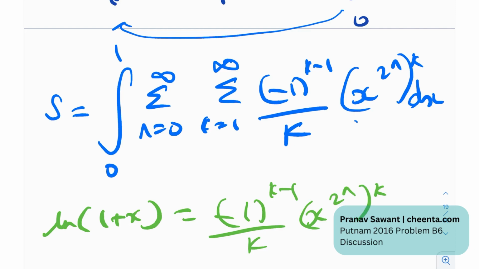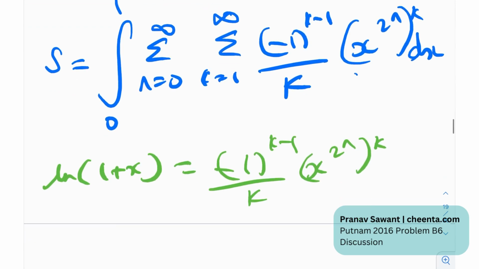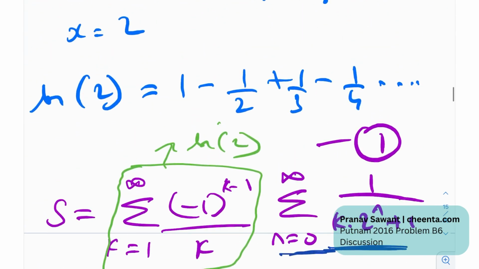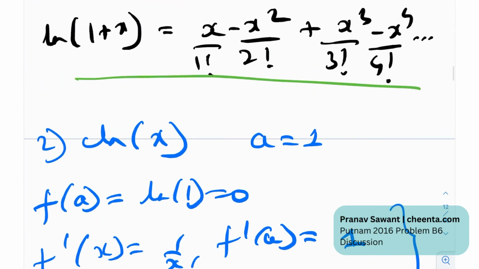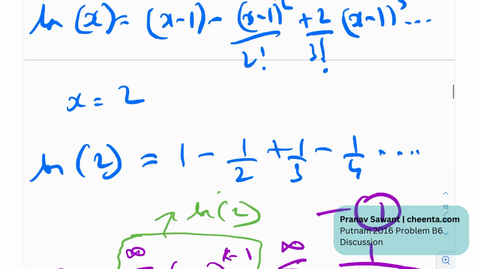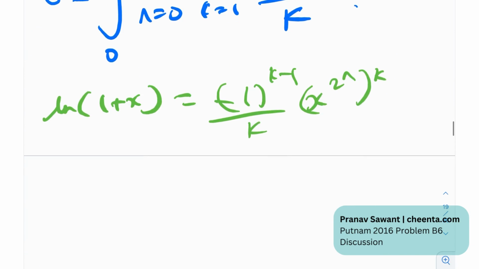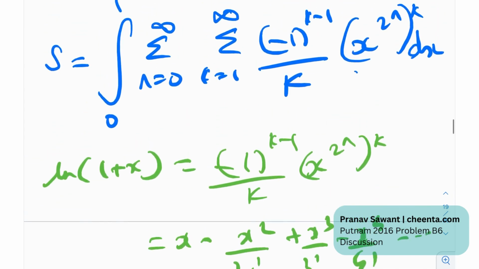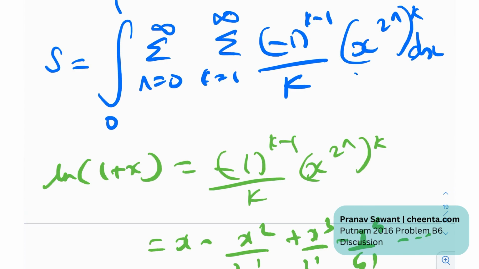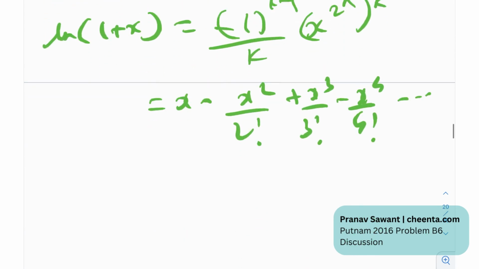If you start plugging in the values of k, you get what we studied: x minus x squared by 2 factorial plus x cubed by 3 factorial minus x to the power 4 by 4 factorial, and so on. This happens once you plug in the values of k in the summation.